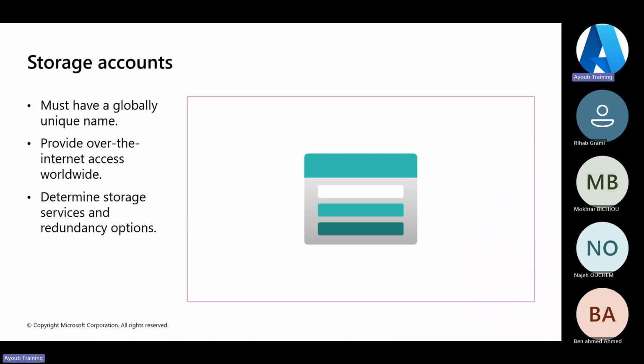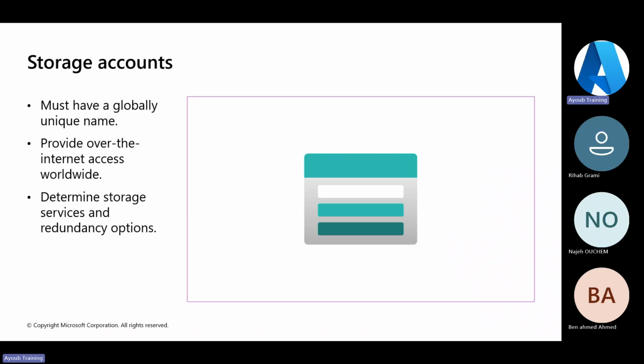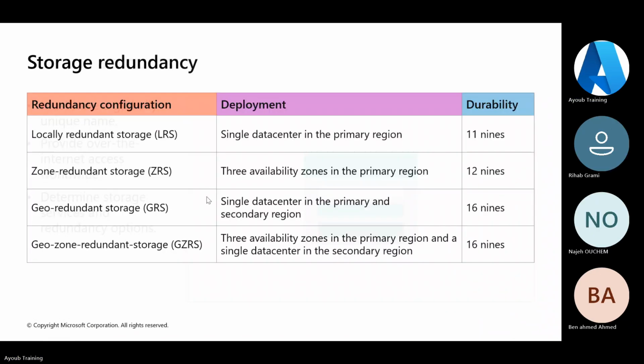So we will see how to secure this access with SSH key or with TLS, different TLS versions over the internet. Also, we see the service and the redundancy options used for a storage account. Here, the redundancy options for a storage account, or storage redundancy, simply like that.